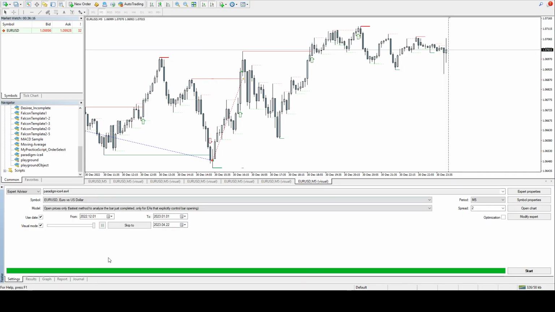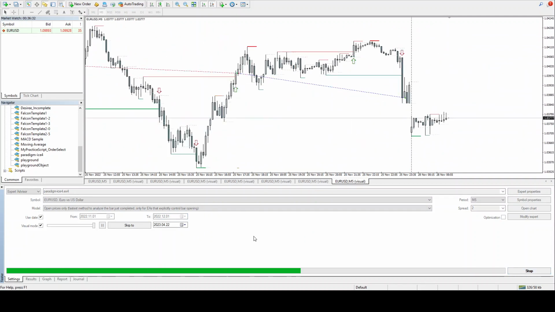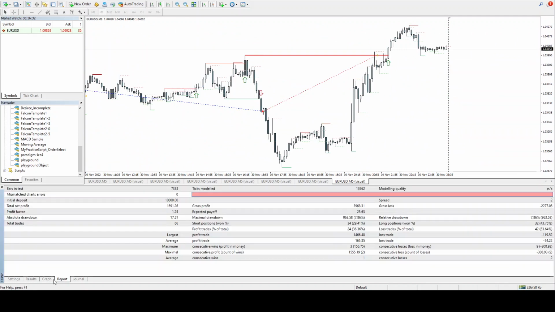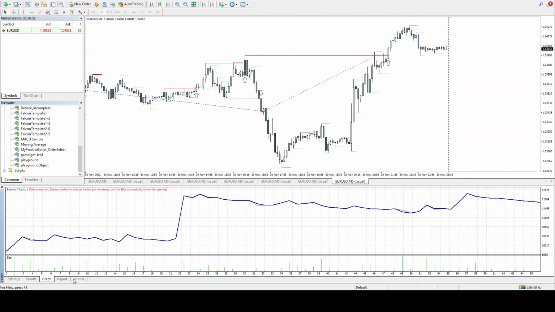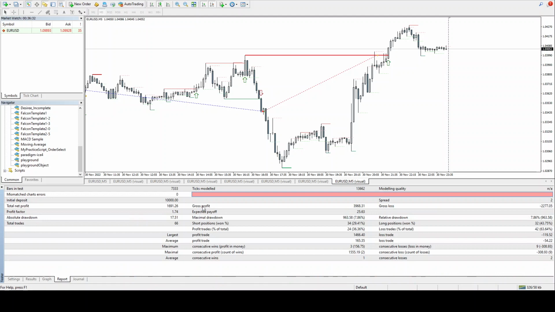Okay, so let me just take a minute to quickly run through November results again with the Q zone filter. All right, let's go. So with the Q zone filter, we had 16.9% return.